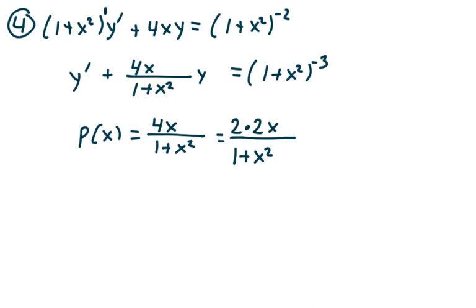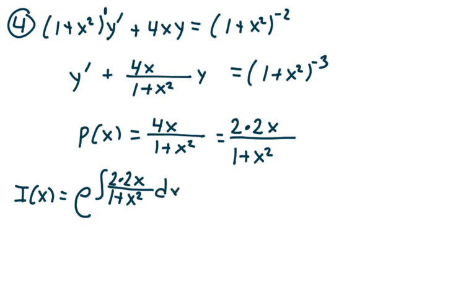Because in my mind, I'm looking at the denominator, and the derivative of the denominator is 2x. And I just happen to know 4x is 2 times 2x, right? So my integrating factor, I of x, is equal to e to the integral of 2 times 2x divided by 1 plus x squared dx.